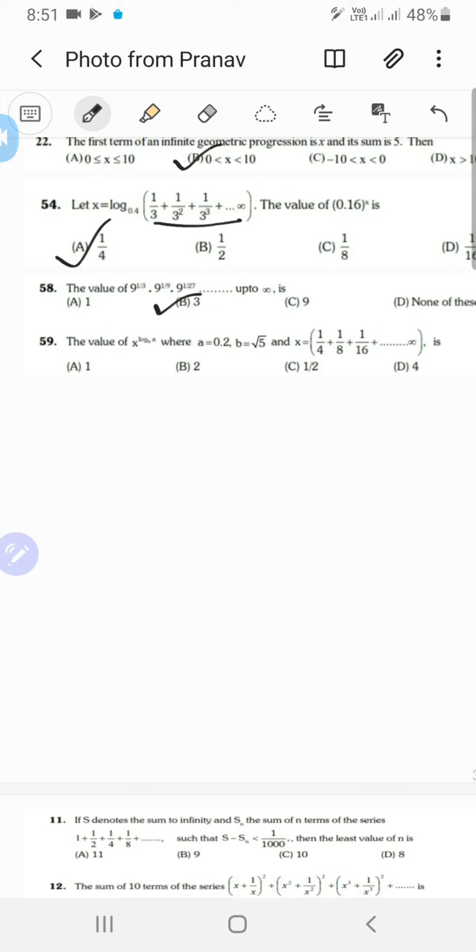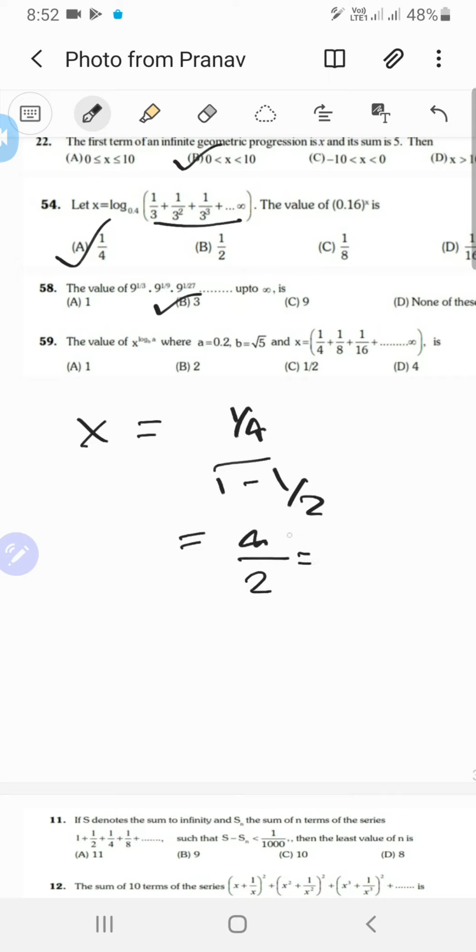The next question is the value of x to the log base b of a, where a equals 0.2 and b equals root 5 and x equals 1 by 4 plus 1 by 8. Just find x first of all. So x equals 1 by 4 upon 1 minus 1 by 2, multiplied by 4, so you get 4 upon 4 minus 2, which is 2.